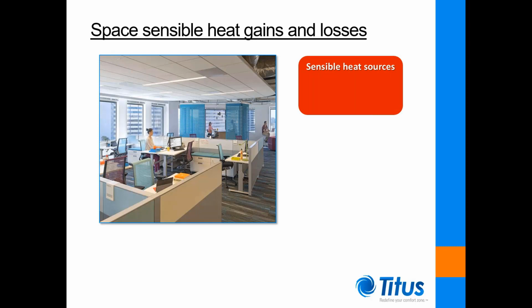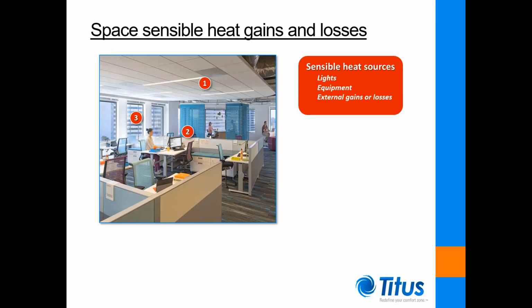Space sensible heat gains may originate from a number of sources. A significant percentage of the heat generated by space lighting is absorbed by air movement and distributed throughout the space. Heat generated by equipment within the space also contributes to the space sensible heat gains.